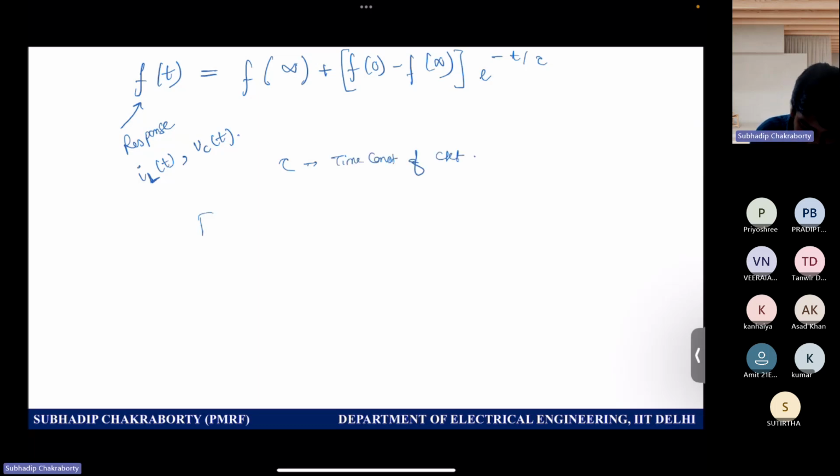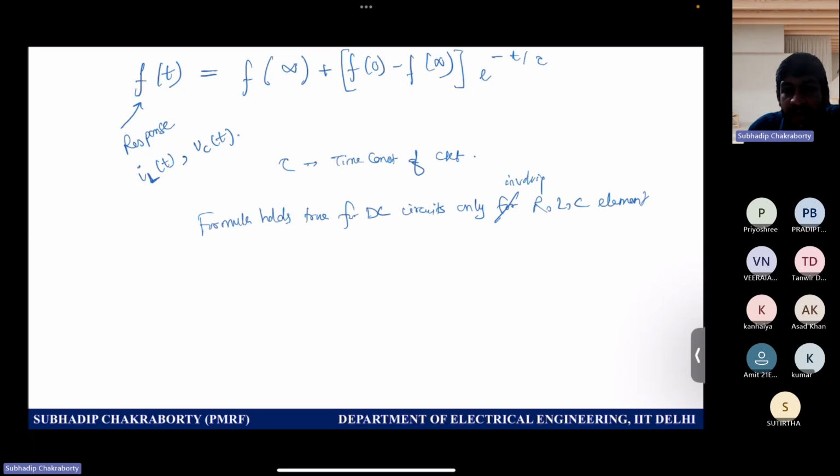And this formula only holds true for DC circuits. Only for RLC, only involving RLC elements. So it saves time. You don't need to solve the ODE.